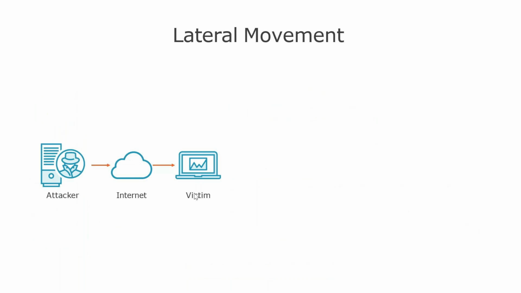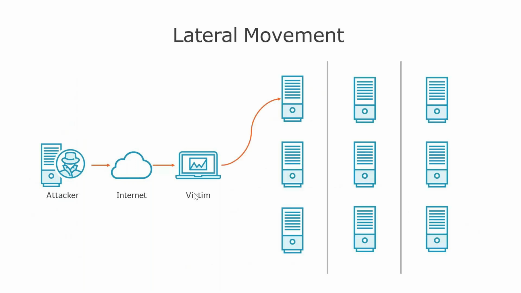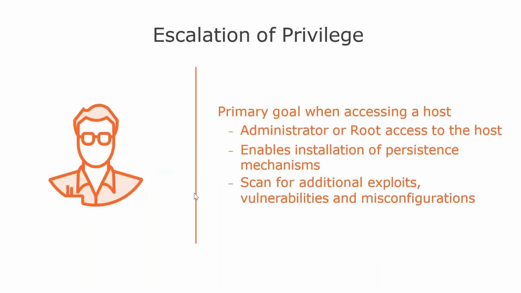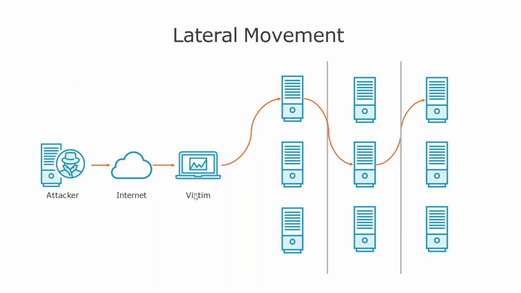Lateral movement. As part of lateral movement, what happens is the attacker, using the internet, attacks the website which becomes a victim, and the victim has resources which are front end, back end, and so on, and they try to get into that system. That is why they try to exploit the operations.